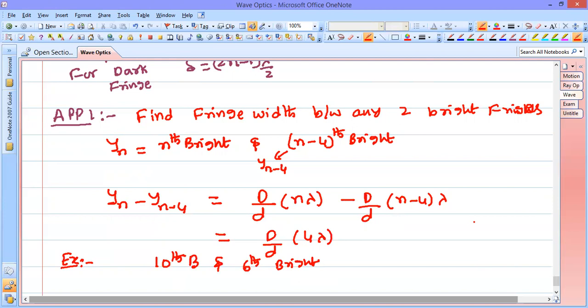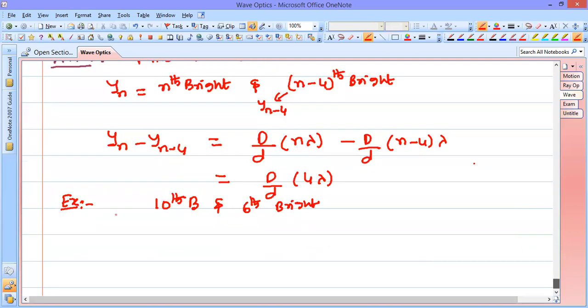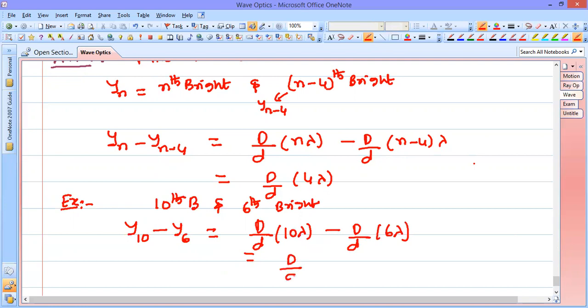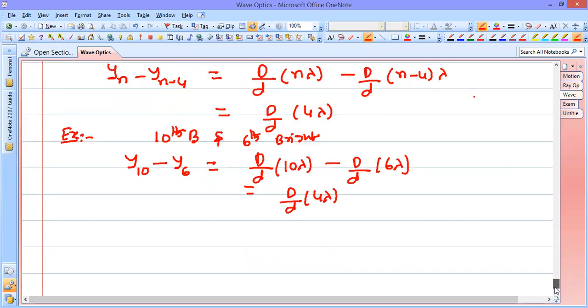I need to find y10 minus y6, that is nothing but capital D by small d times 10 lambda minus capital D by small d times 6 lambda. That is our first application.